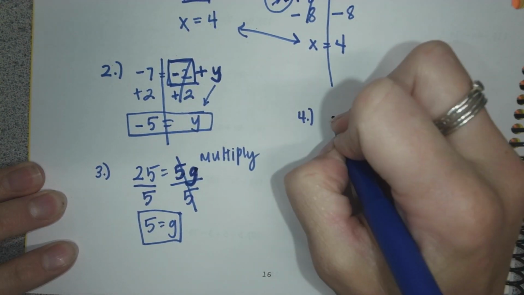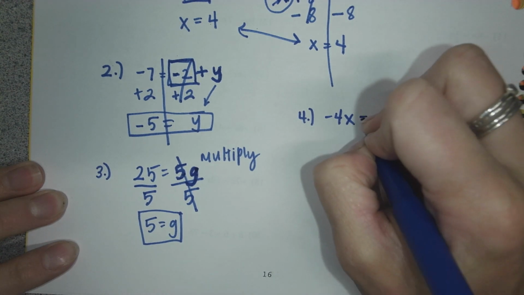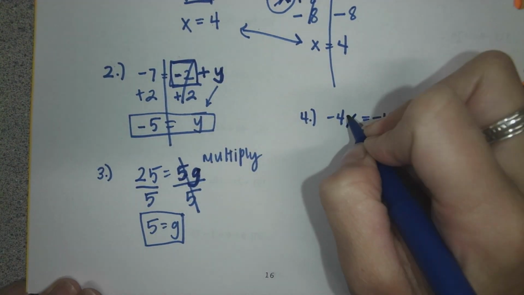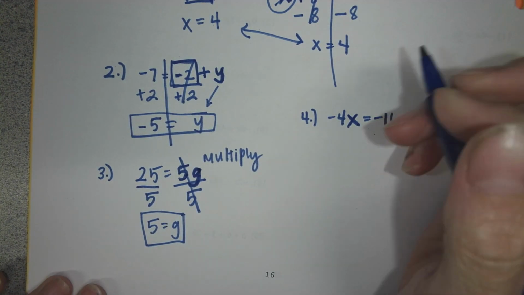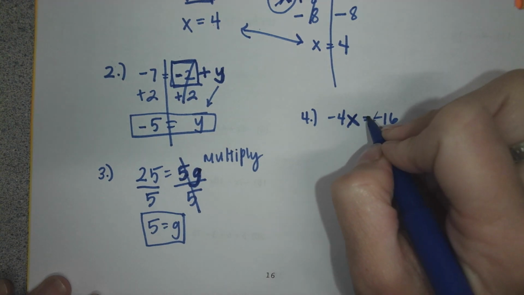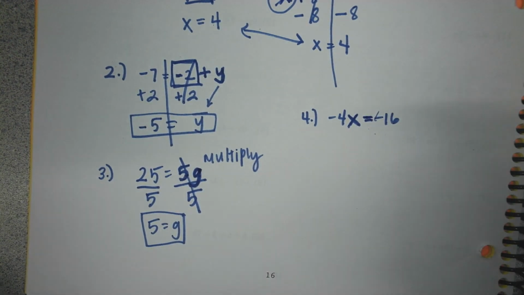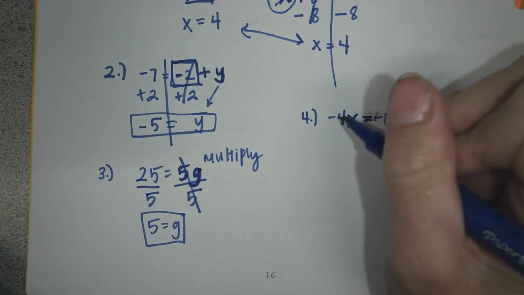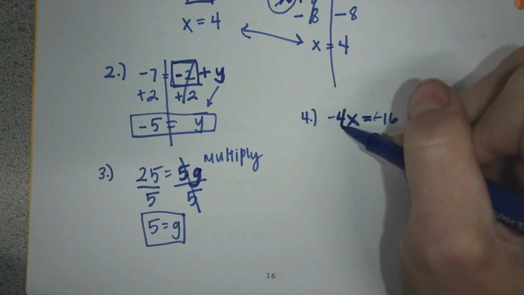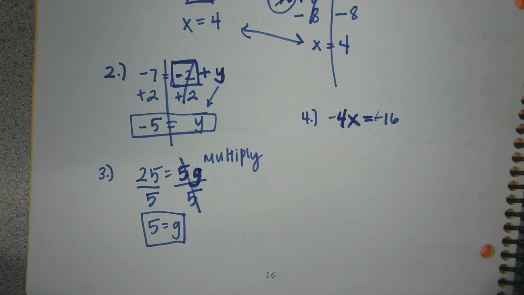If I had -4x equals -16, we're trying to figure out what's happening with this variable, on each side of the equal sign; we don't really care about the other side. This x is getting multiplied with this -4. So if it's getting multiplied by this -4, we have to do the opposite, which is divide.